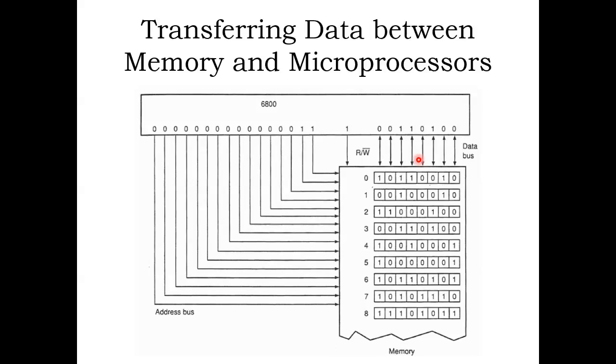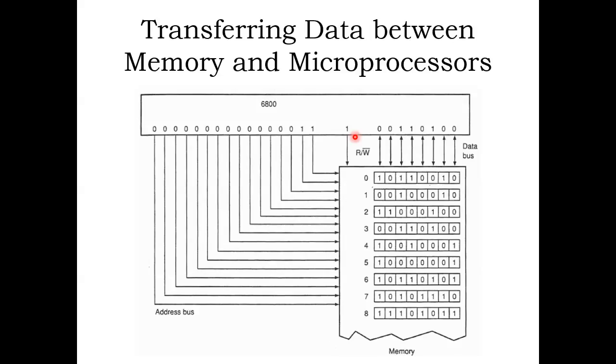But before it reads or writes, it actually needs to know which address it's dealing with, right? It cannot read and write every location at once. It has to read and write in a specific location, meaning either, let's say, memory location 5, or memory location 9, or memory location 20, whatever it is. It has to know where it wants to write and read, okay? And there is one single line here, for example, which actually determines whether the microprocessor will read or write.